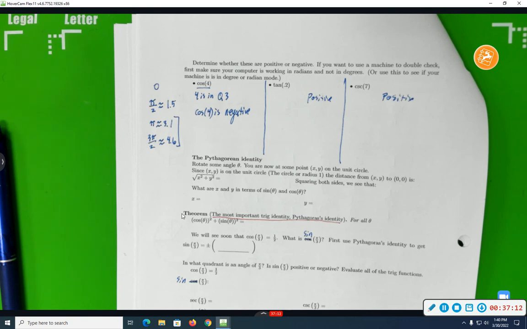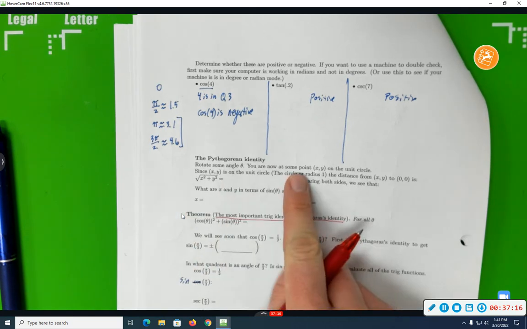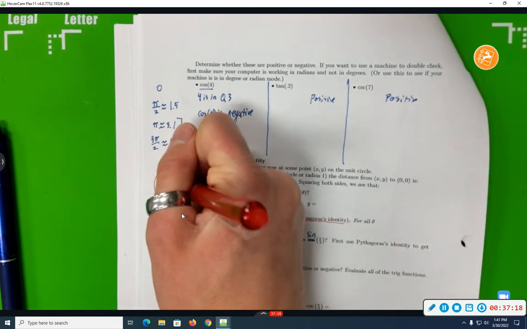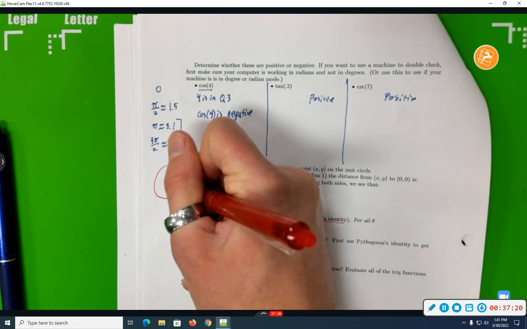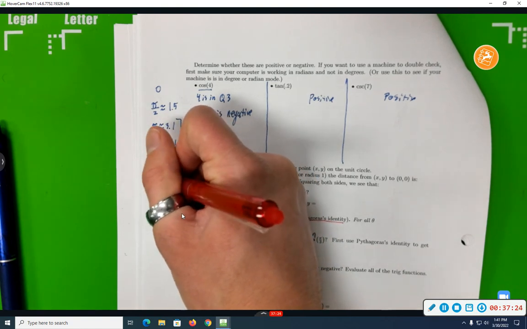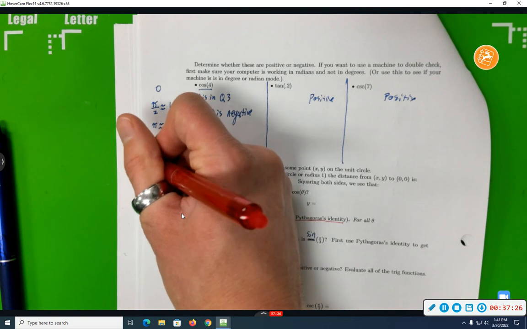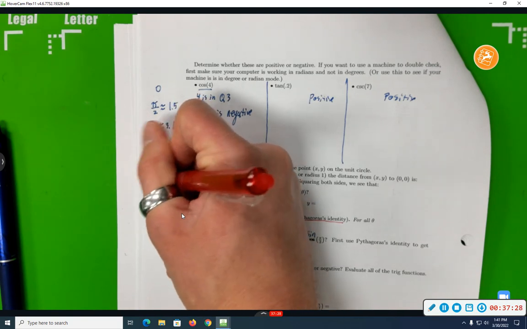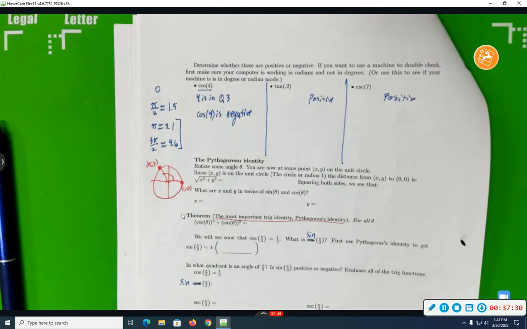So, let's do it by thinking about geometry. Start at 1, 0 on the unit circle. You rotate forward by some angle theta. You land at a point x, y. Now, this is a circle of radius 1, right? So since this is a circle of radius 1, what can you tell me about the length of this line segment?